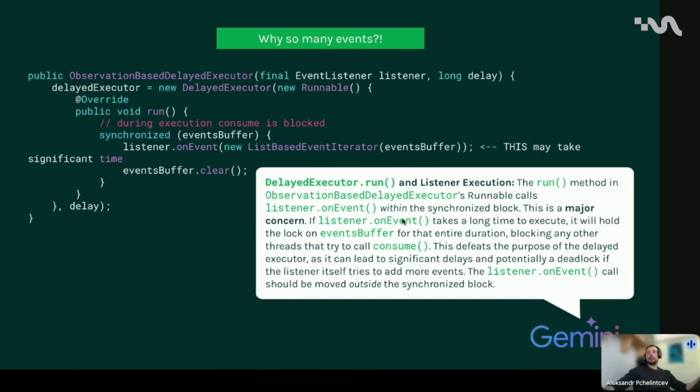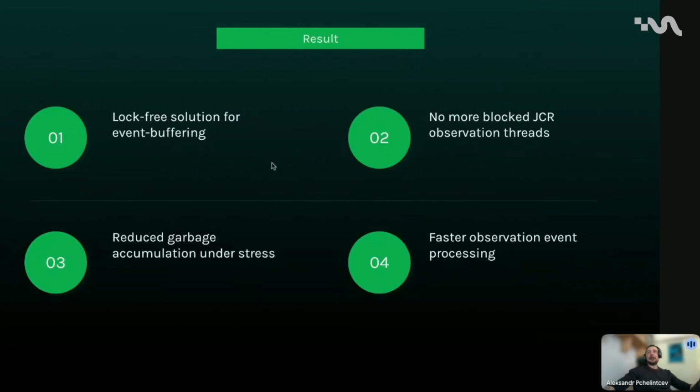And AI actually helped spot the lock contention problem, because we noticed that when we buffer events as they come from JCR, ironically, to improve performance a bit, we over-synchronize our own buffers, leading to events piling up without being processed while they could have been. As a result, we've implemented a lock-free solution for event buffering in Magnolia, so we no longer unnecessarily block or stall JCR observation threads, especially under stress.